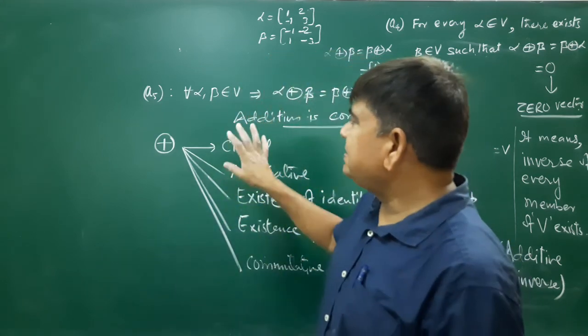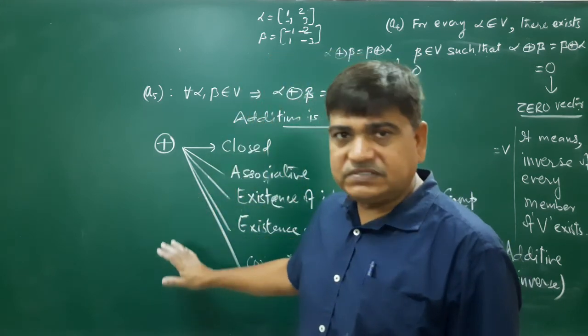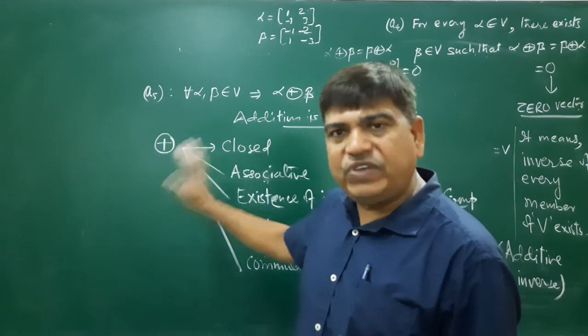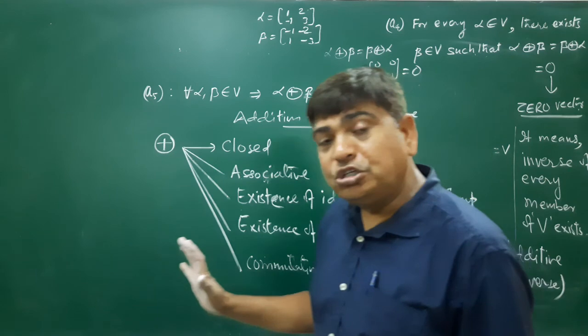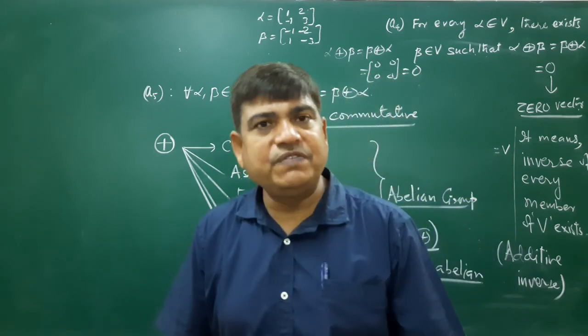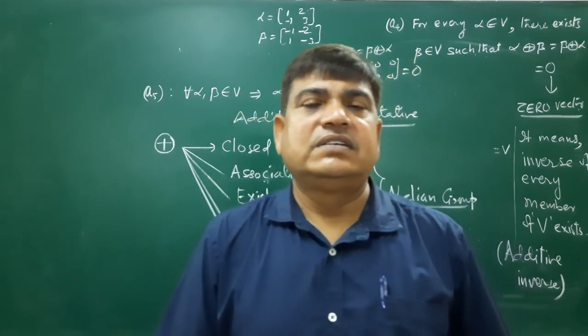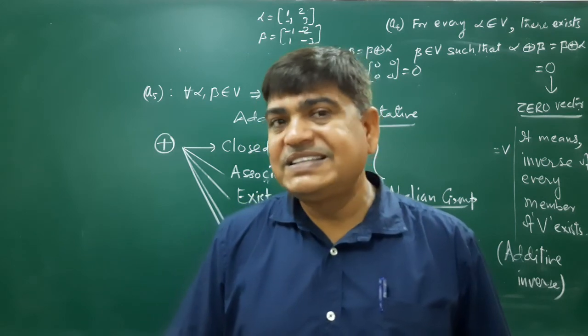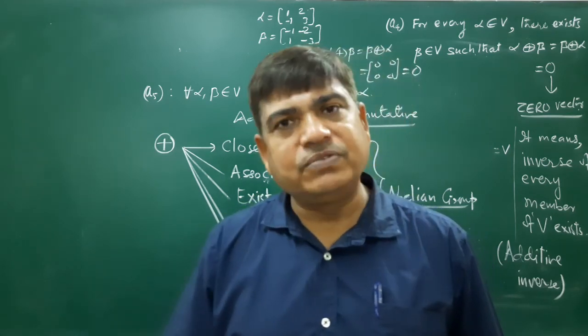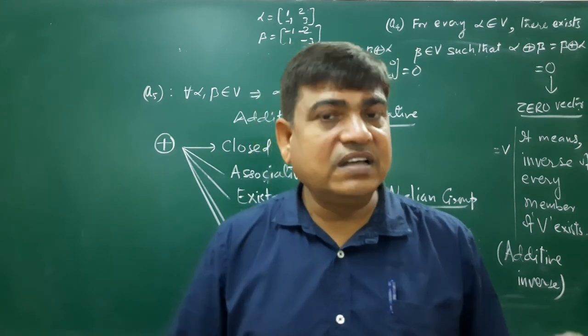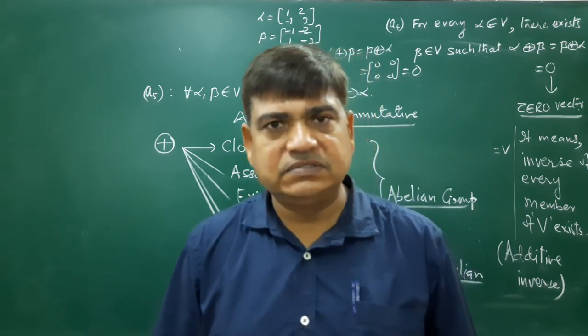With respect to the internal binary composition, the set V is an abelian group. Tomorrow we will discuss the properties satisfied by the external composition, that is scalar multiplication.